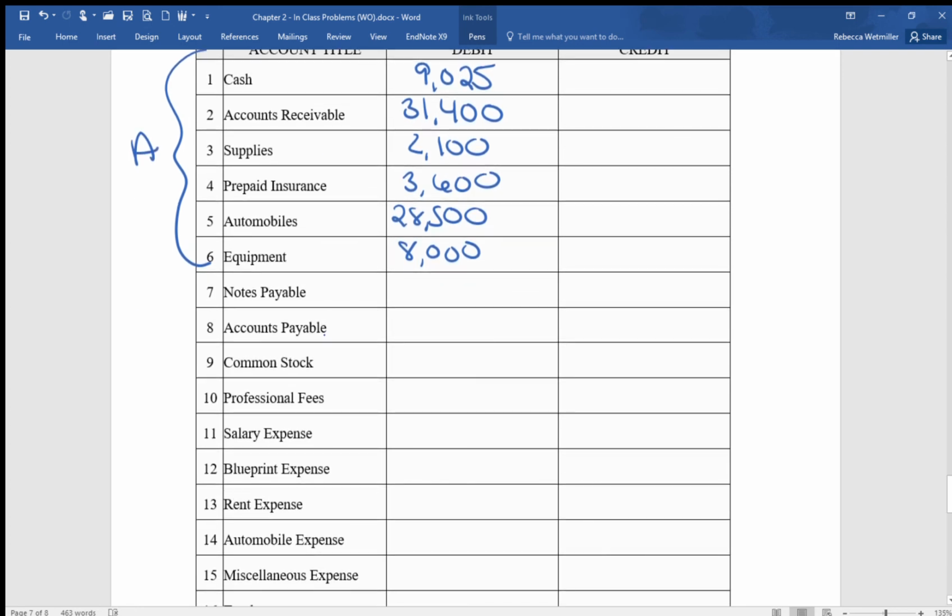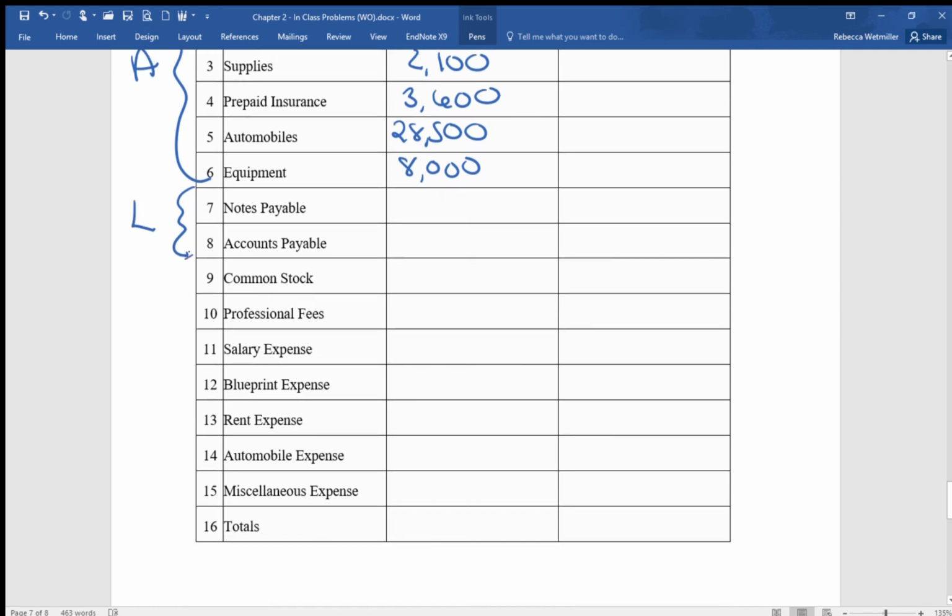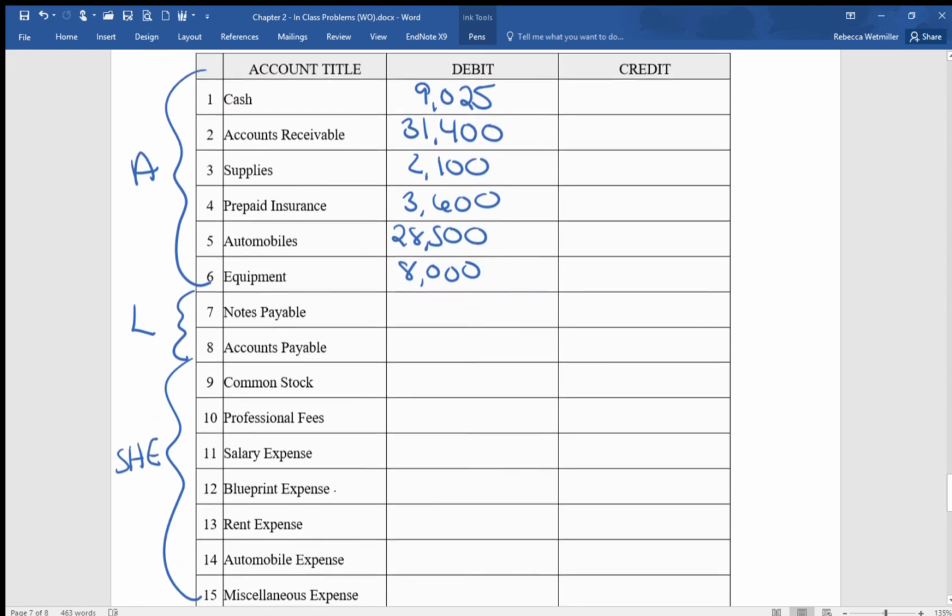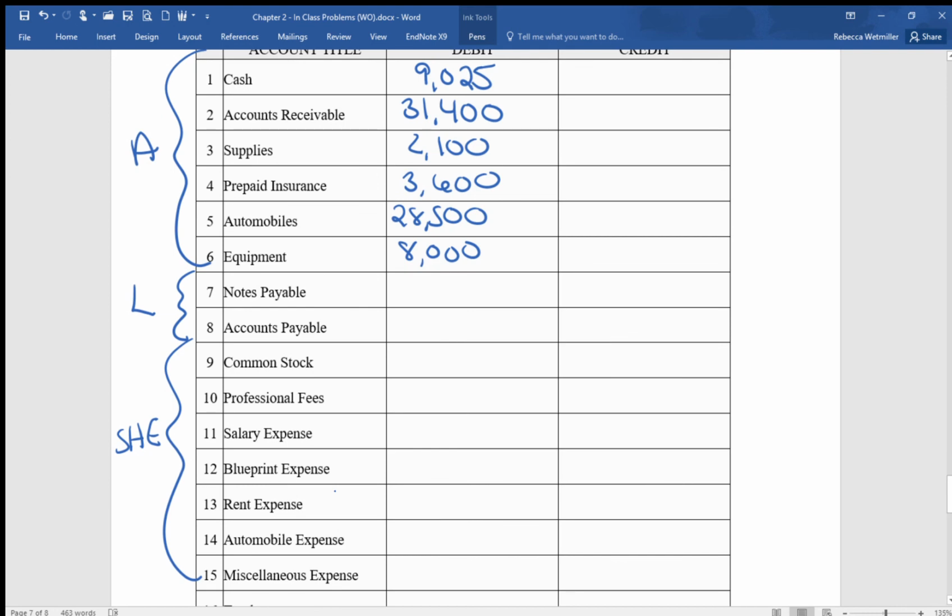Next little group, my notes payable and my accounts payable are going to be my liabilities. And then after that, we have everything that will affect our stockholders' equity. So that's good. All of our assets have normal balances of debit, and then my liabilities.